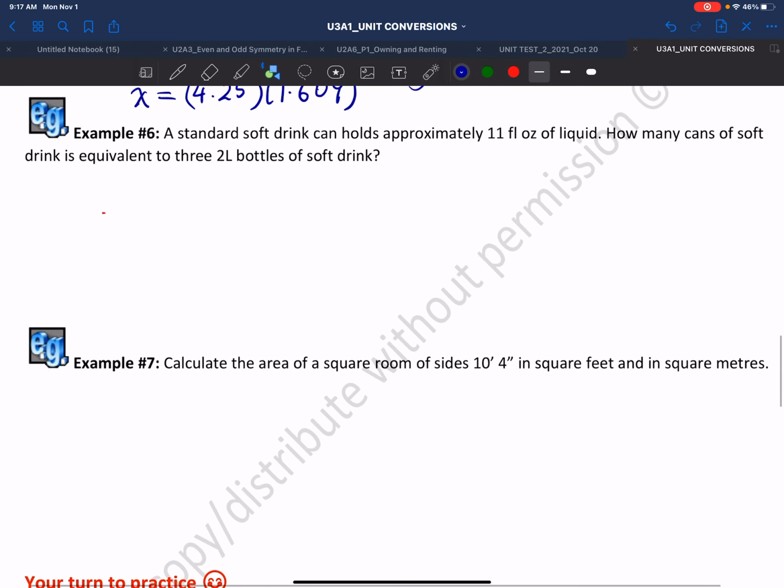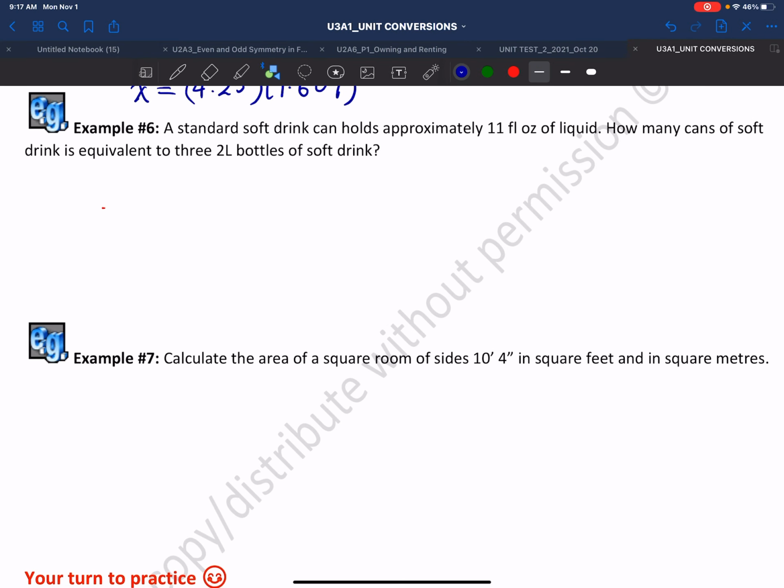Now this is slightly different than the previous example. A standard soft drink can hold 11 fluid ounces of liquid. So one can holds 11 fluid ounces. Now we want to find out how many cans of soft drink is equivalent to 3 2-liter bottles of soft drink. So we have to pay attention to the amount or the volume of the bottles.